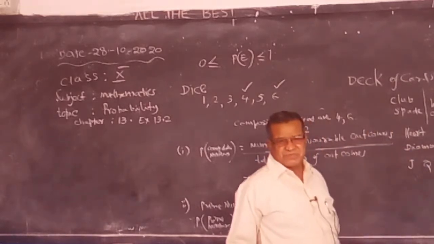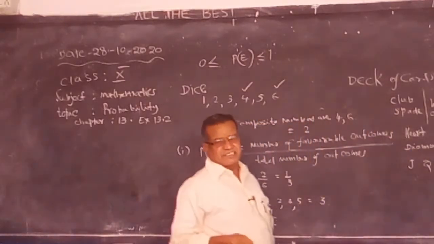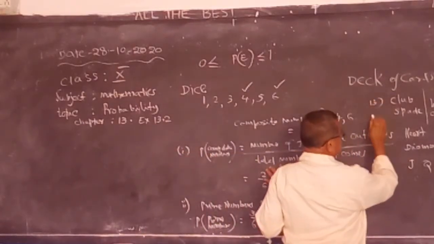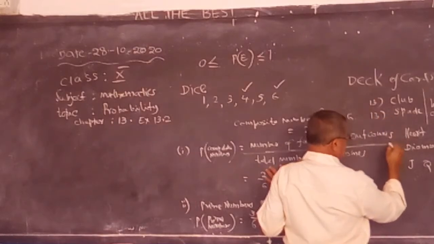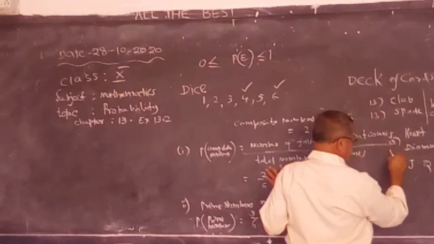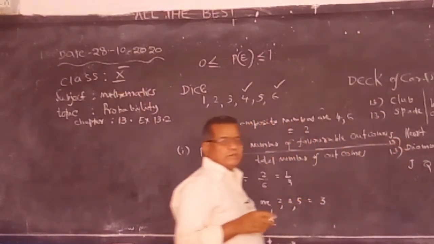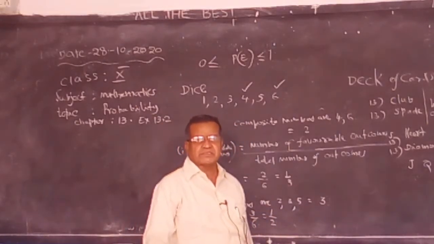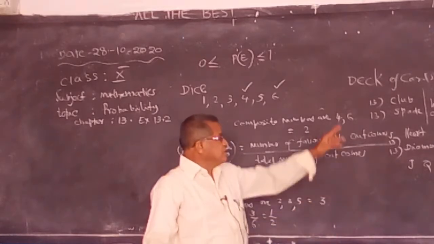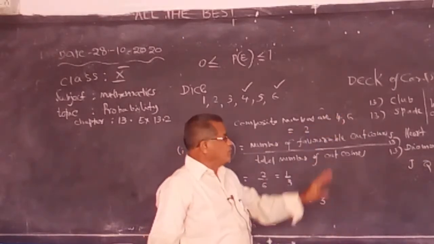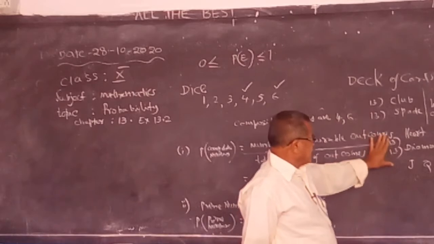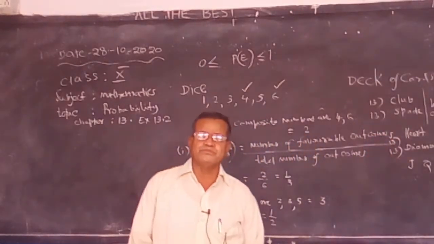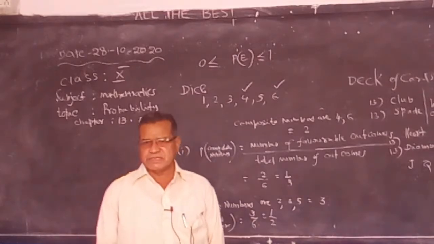Each type has 13 cards. Clubs are 13, spades are 13, hearts are 13, and diamonds are 13. So 13 fours are 52. The total number of cards is 52, with 26 black and 26 red. We have to remember all these points.